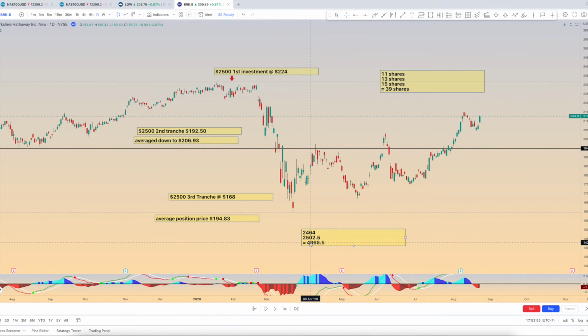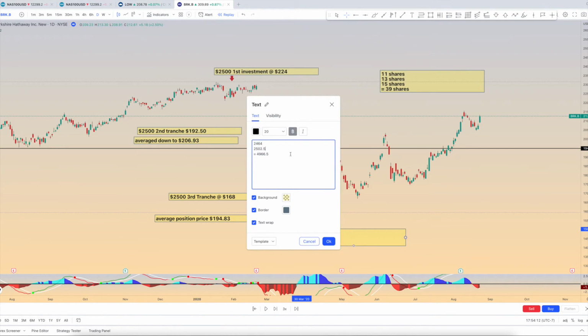All right, so now just to remember that, right, that's our total number. So now we have 4,966, and then we've bought another tranche at 168, right? And that ended up being 15 shares because we did the math on that one. So 15 times 168 equals 2,520. Okay, so now we take that number plus 2,520 equals 7,486.